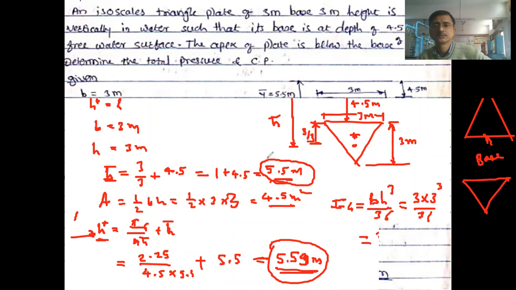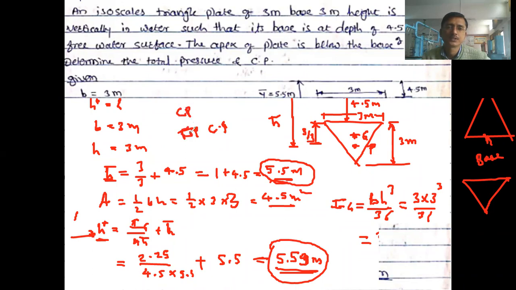Did everyone understand what I said? Sir, repeat once more. The center of pressure P is always either equal to or greater than that of G, or the total pressure force always lies below the center of gravity.